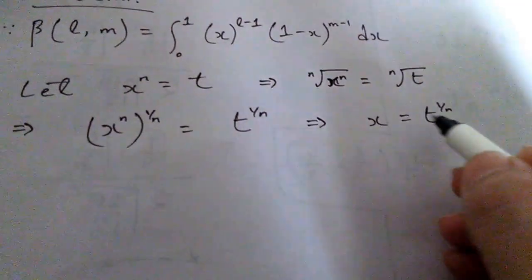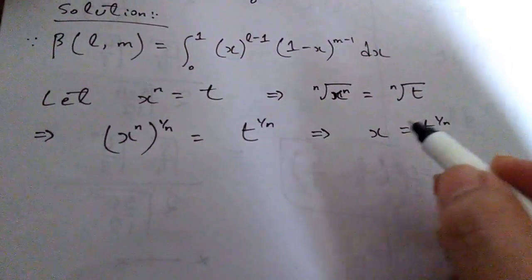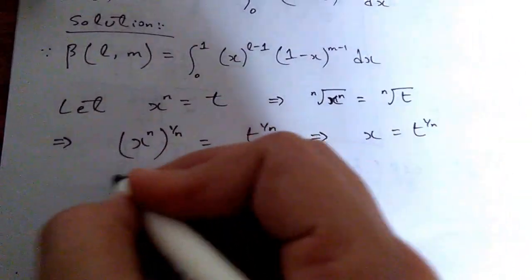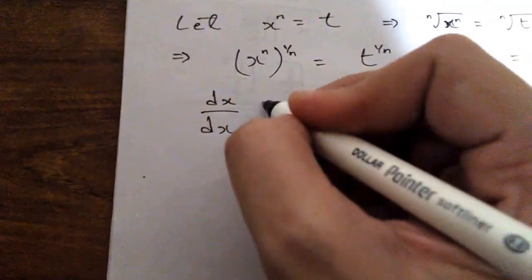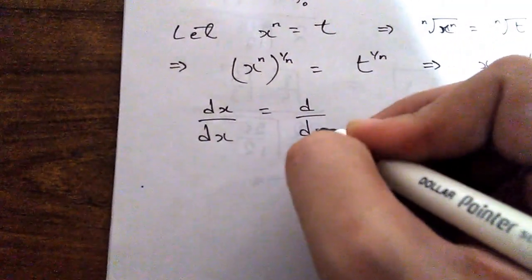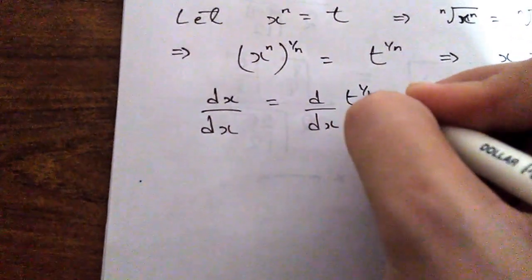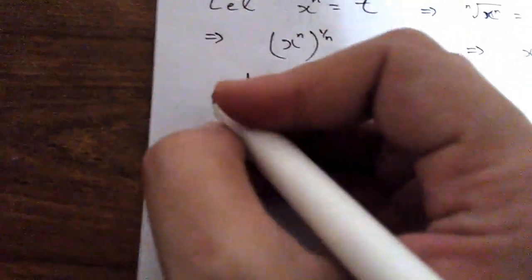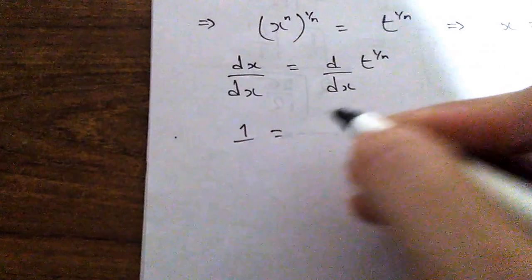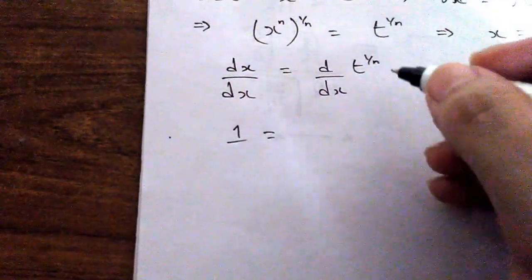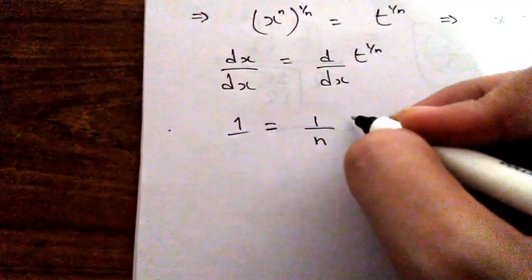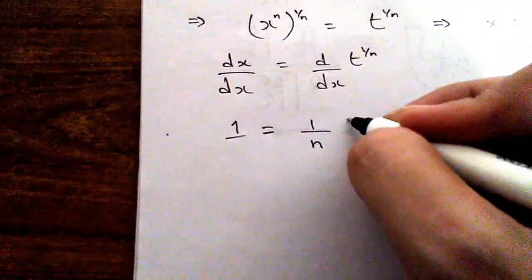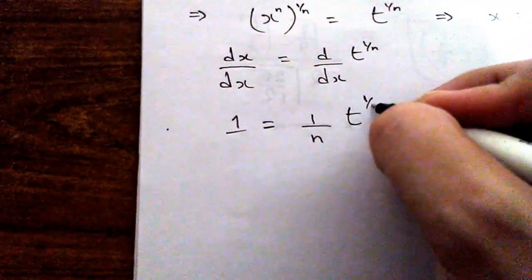Now differentiate both sides with respect to x. Once you differentiate both sides with respect to x, you come to know that this is your 1 and over here you're going to apply the formula of the derivative of x^n. It's going to be n x^(n-1).